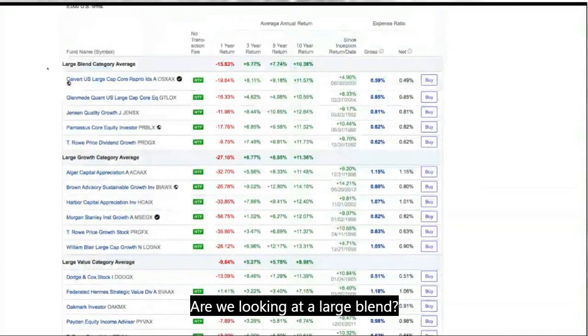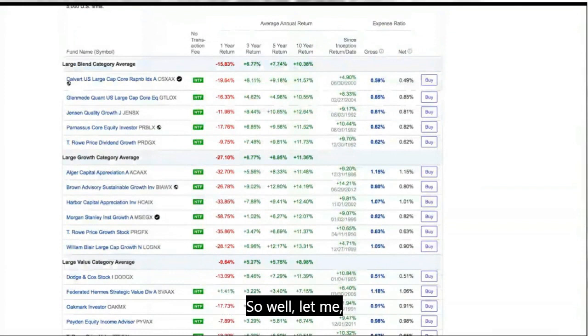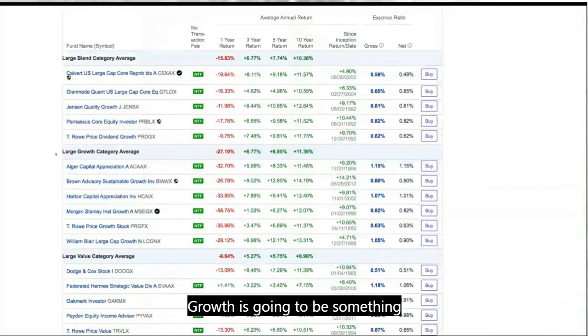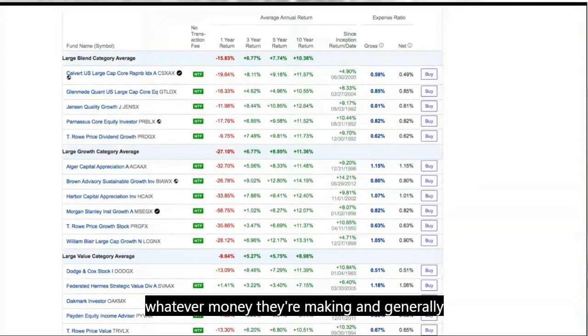Are we looking at a large blend? Let me compare and contrast this. Or are we looking for large growth? Growth is where a company takes whatever money they're making and generally rolls it back in instead of sharing profits with the individual owners, the people that own the stock, i.e. you, if your mutual fund has bought into that.